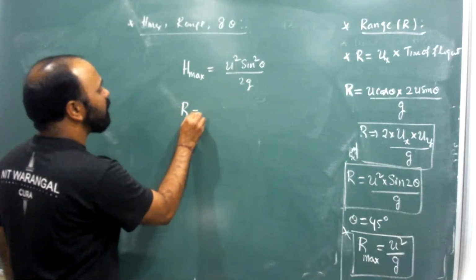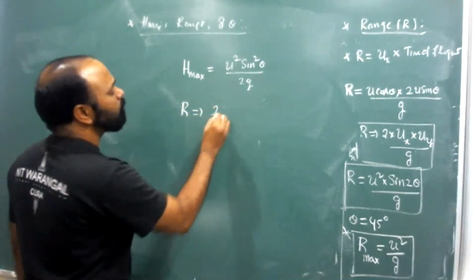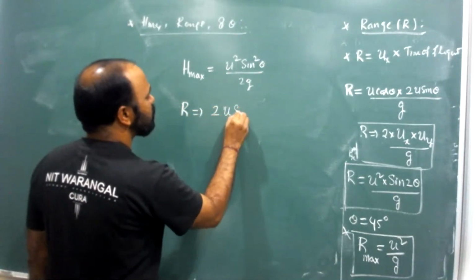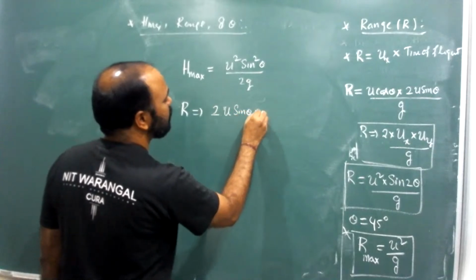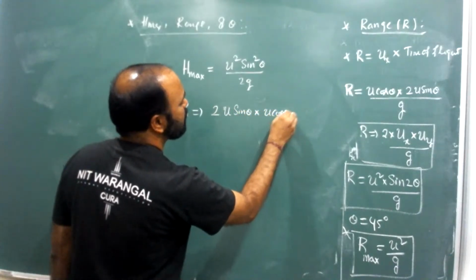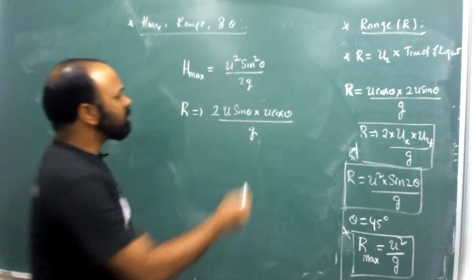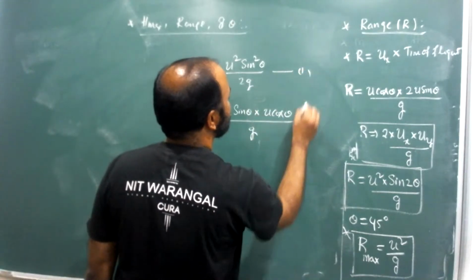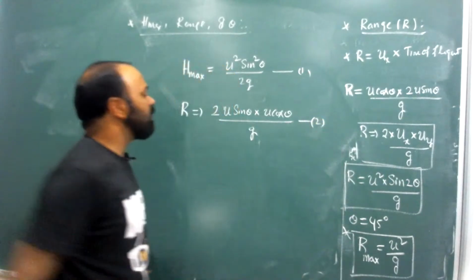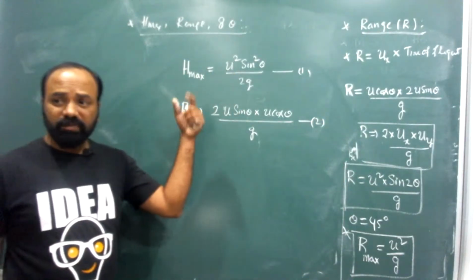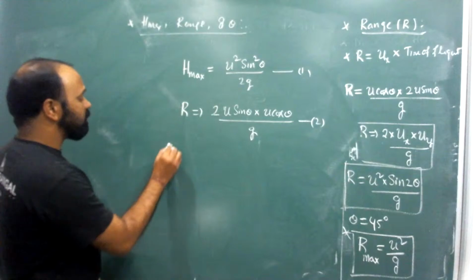Range formula we learned: u sin theta into u cos theta by g, with a factor of 2. Let us take this as the first equation, this as the second equation. If you take the ratio between the first equation and the second equation, what do we get?